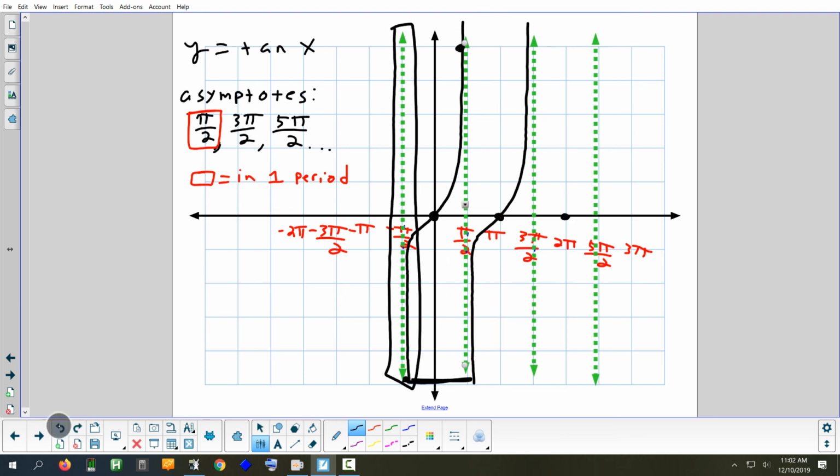So yeah, there is only 1 asymptote per cycle. However you want to look at it, the one on the left or the one on the right, doesn't matter. That's why I put a box around this. So pi over 2, that's an asymptote within 1 period. 3 pi over 2, that's the next cycle down.